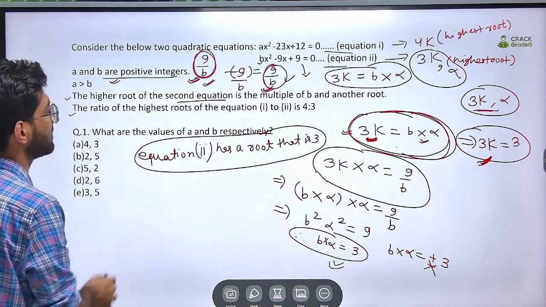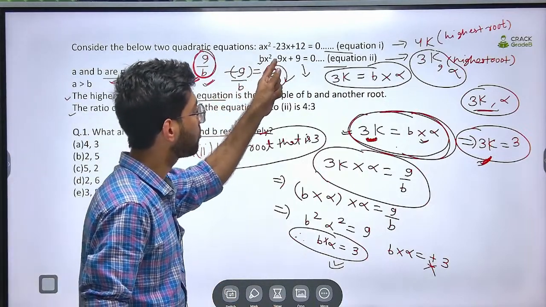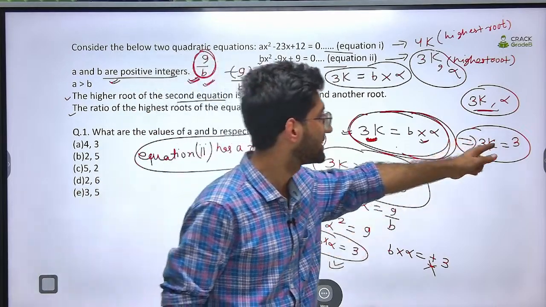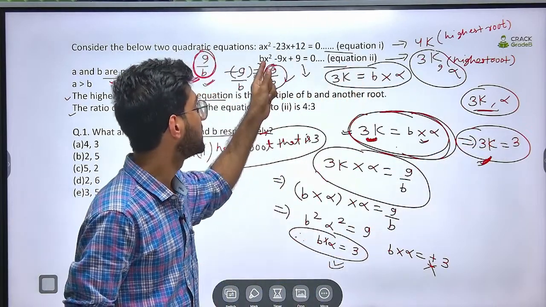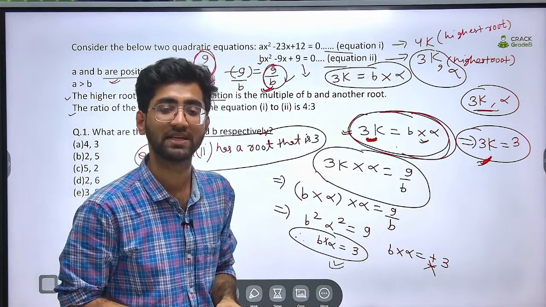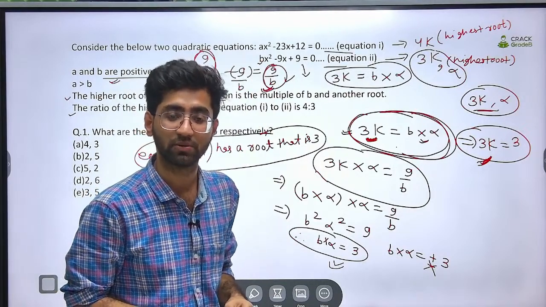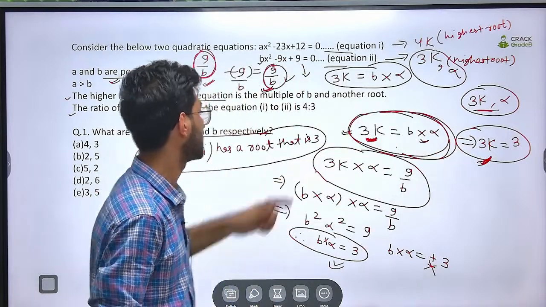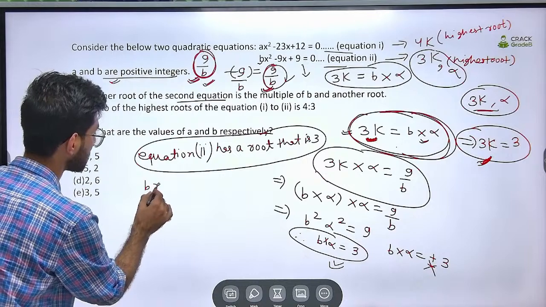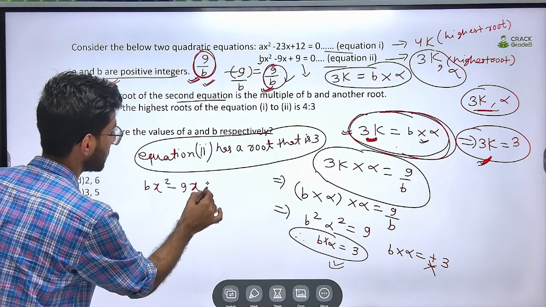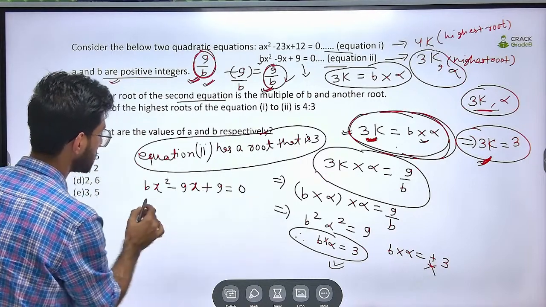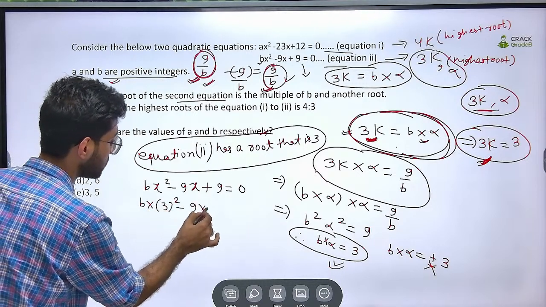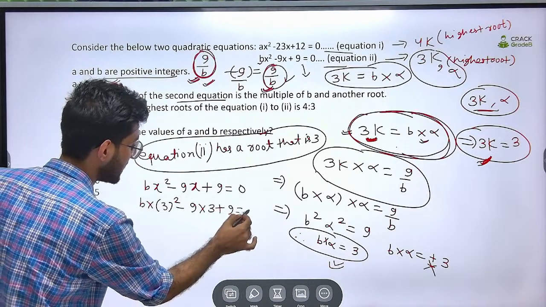So can we put the value of x equal to 3 in equation 2? Yes, we can. If 3 is a root of equation 2, then 3 will satisfy it. So bx square minus 9x plus 9 equal to 0 gives b into 3 square minus 9 into 3 plus 9 equal to 0.